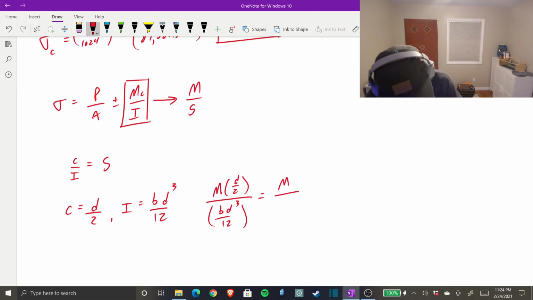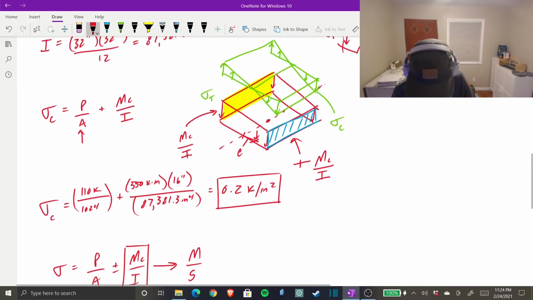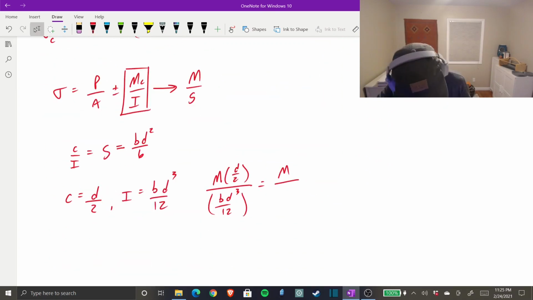But what is S? Well, S is equal to BD squared over 6 for rectangles. And again, that can also be found in the AISC Steel Manual in the Geometric Properties Table 17-23, I believe it was. Sorry, Table 17-27 in the back of your Steel Manual. And is that true? Well, let's see.